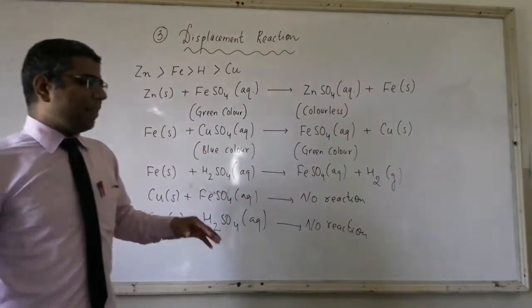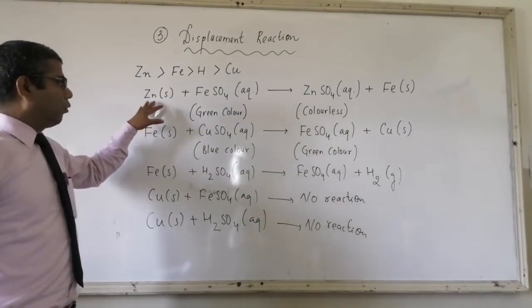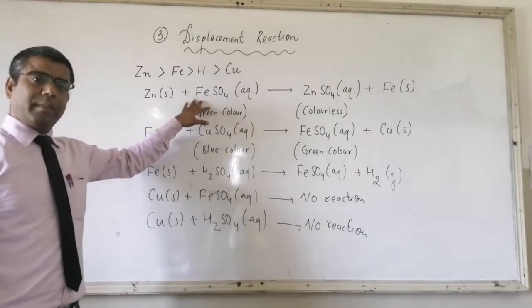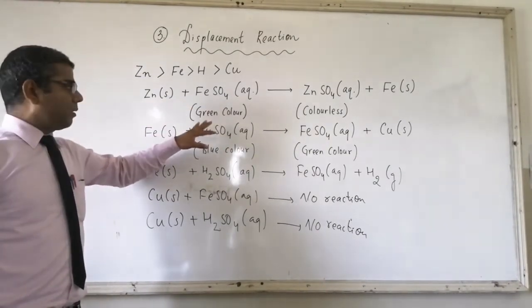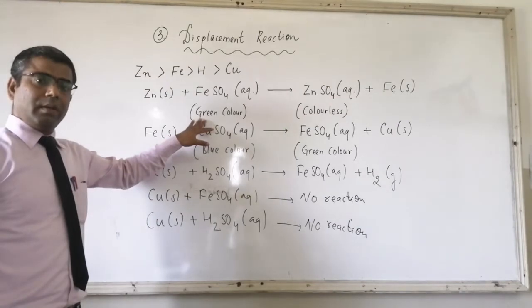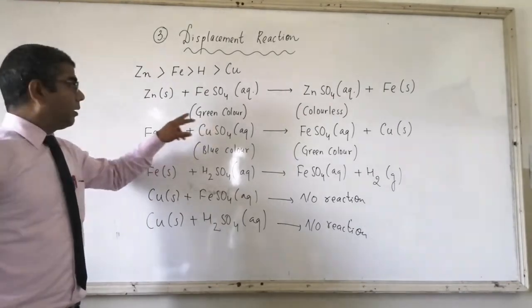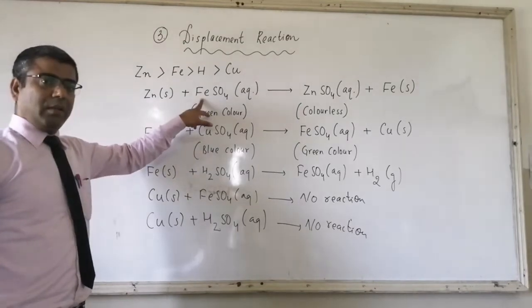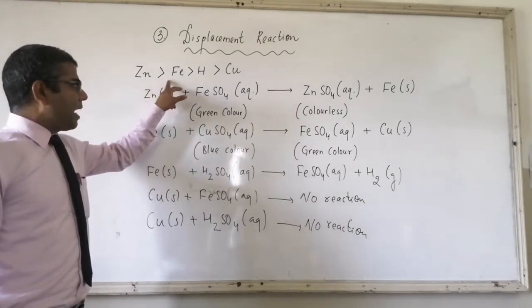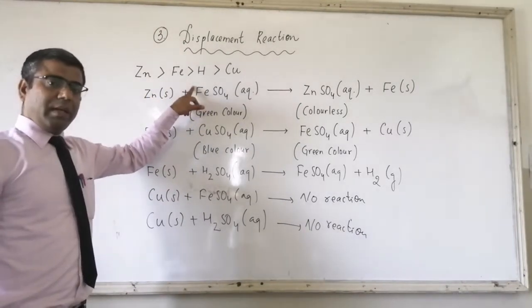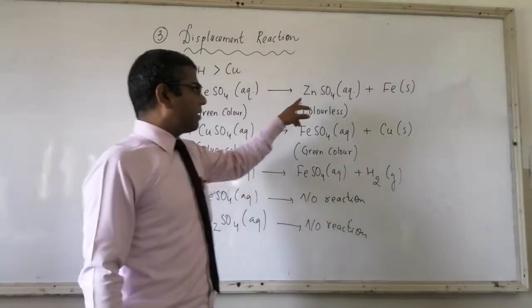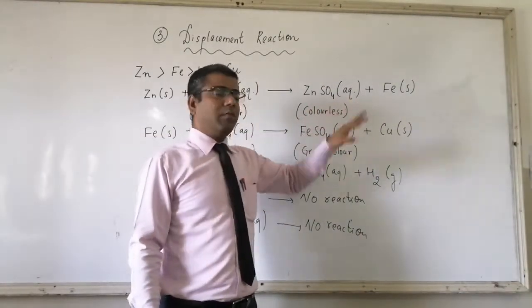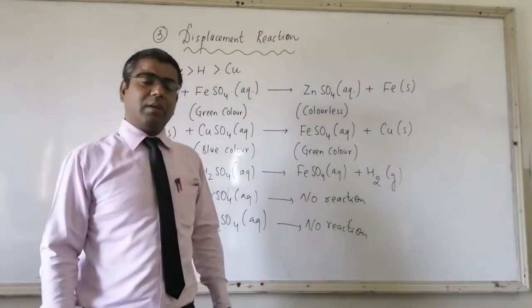So here, let us try to react zinc with ferrous sulfate. It's a green color solution. Now compare the reactivity. Zinc is more reactive than iron. So zinc will displace iron from iron sulfate, as a result of which we get zinc sulfate, and iron will be deposited at the bottom of the beaker or the container.